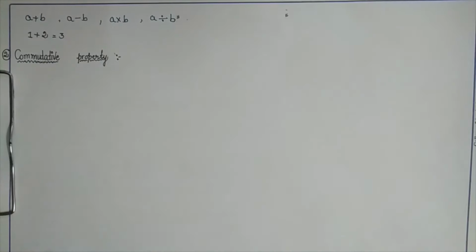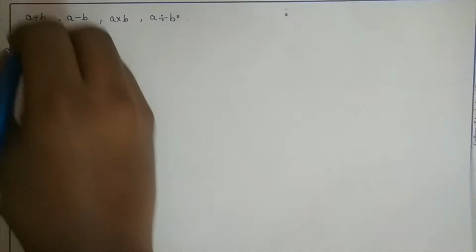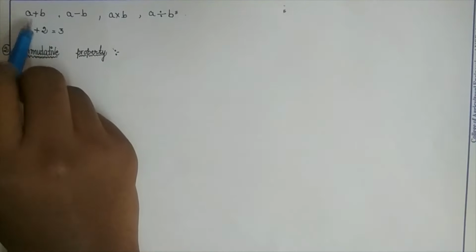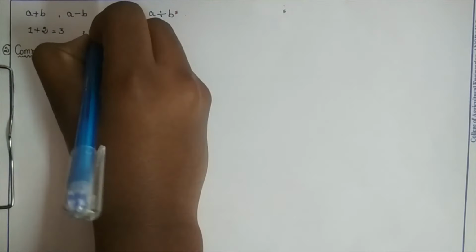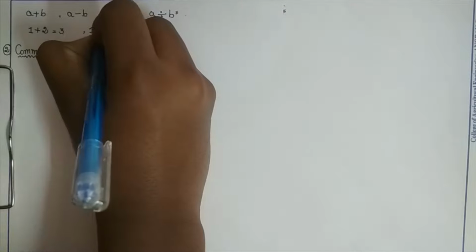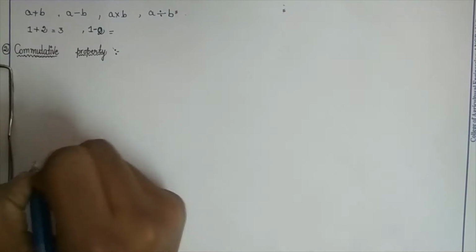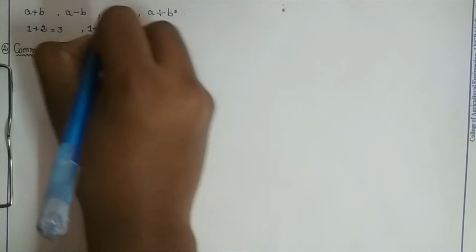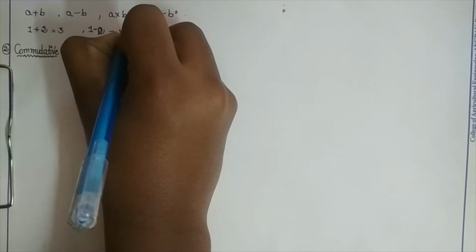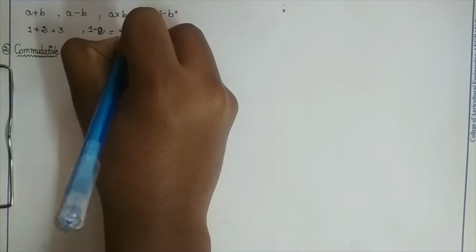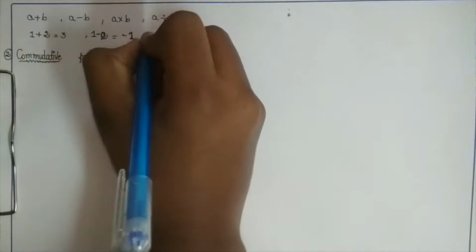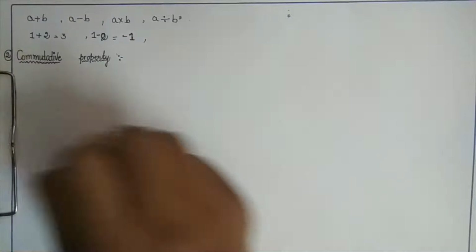It is a rational number, so it satisfies closure property under addition. So 1 minus 2 is minus 1. It satisfies under subtraction.